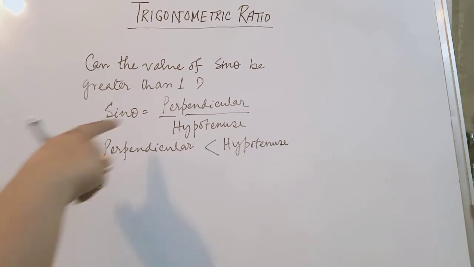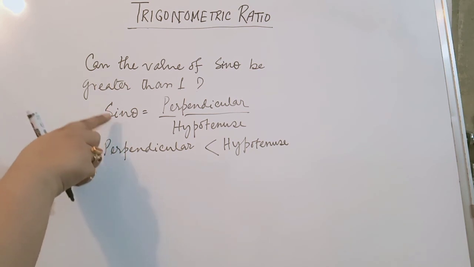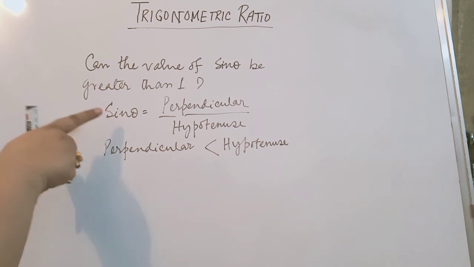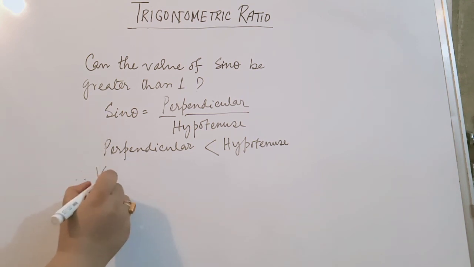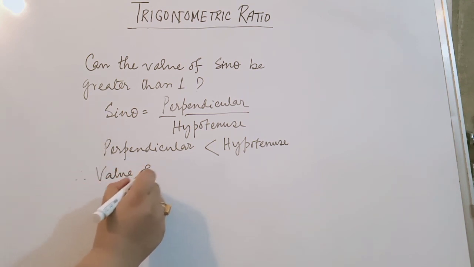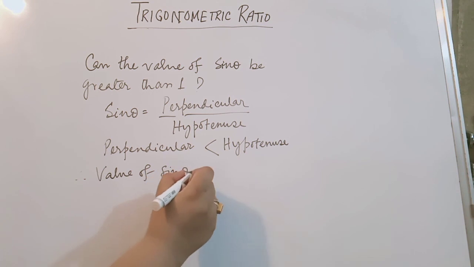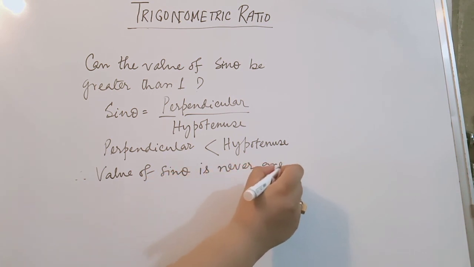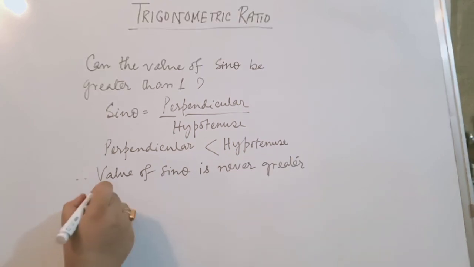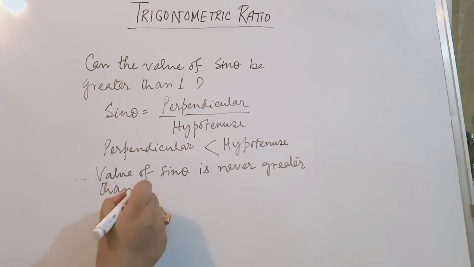So, obviously, this will always give us a proper fraction when this ratio is represented in the fractional form. So, the value of sin theta is never greater than 1. Hope this is clear.